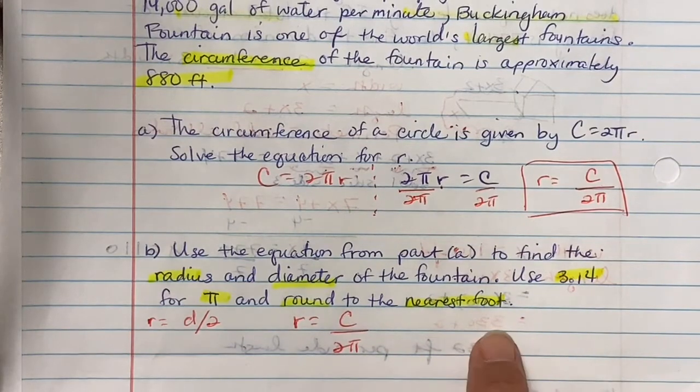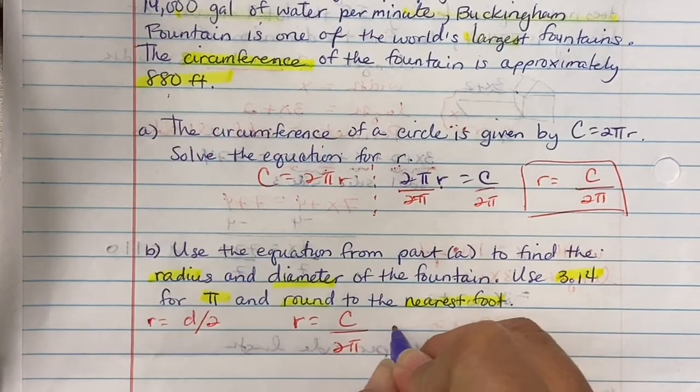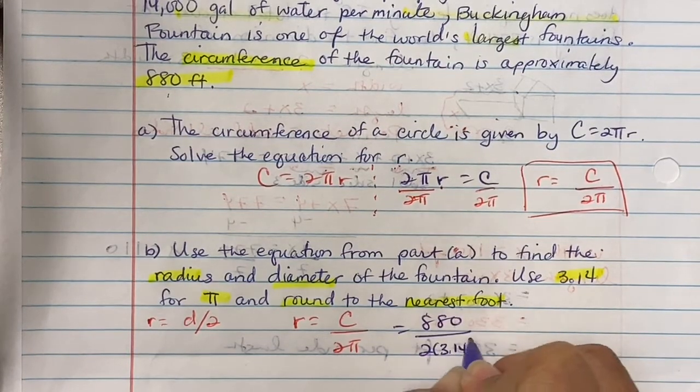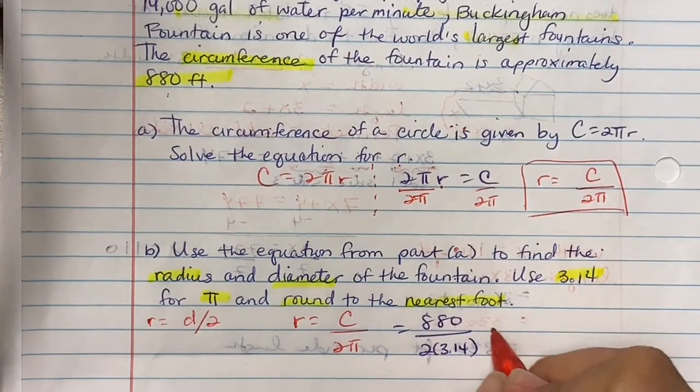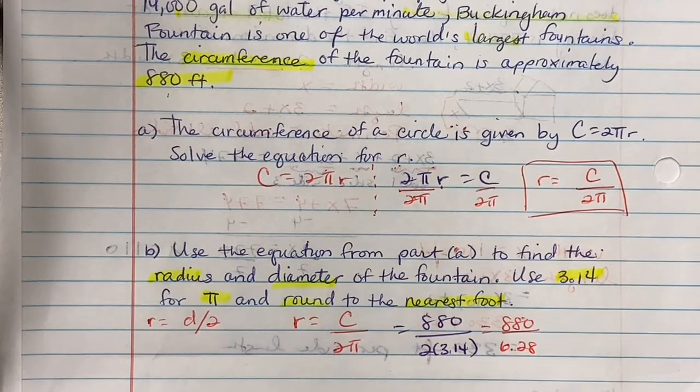If they tell you to round, make sure you're paying attention to which unit you're rounding to. So they told us the circumference was 880. So we have 880 over 2 times 3.14. I'm going to do the math on the bottom. 2 times 3.14 is 6.28.